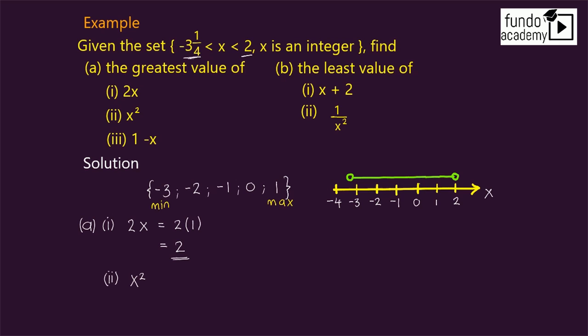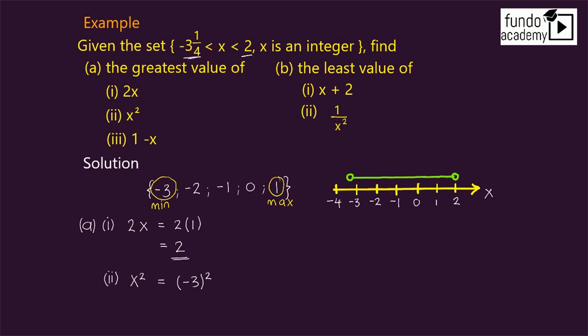So that means that the greatest value of x squared is not necessarily going to come out when we square the greatest value 1, because even if we square the least value -3, we get a greater value than the square of 1, right? So in this case, the greatest value of x squared comes out when we square -3, which is our least value.